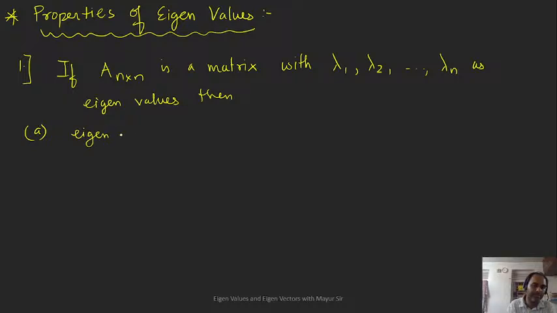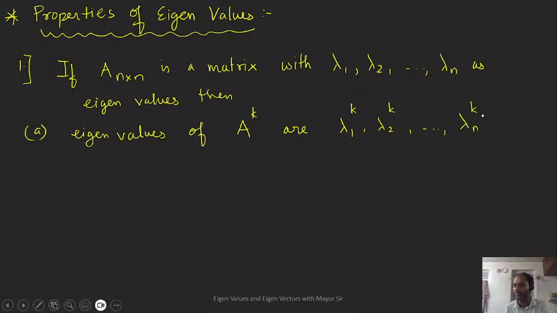Eigenvalues of A to the power k are lambda 1 to the power k, lambda 2 to the power k, so on up to lambda n to the power k. This is the thing, okay?